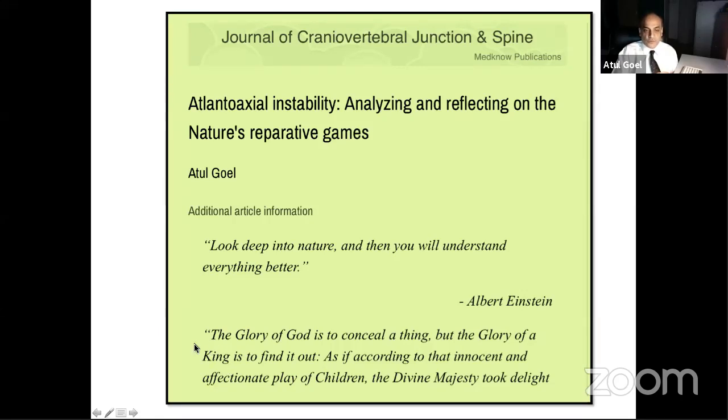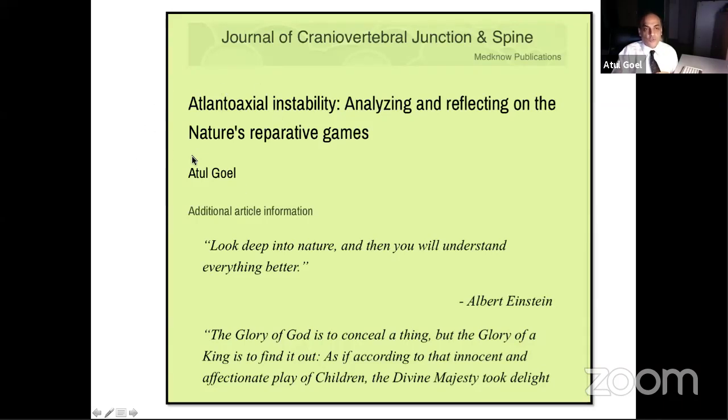But we should always remember that we are quite innocent and we are children in front of this divine majesty. And we should at least make an attempt to think about the games the gods play when there is atlantoaxial instability and how the natural reparative mechanisms come into play.